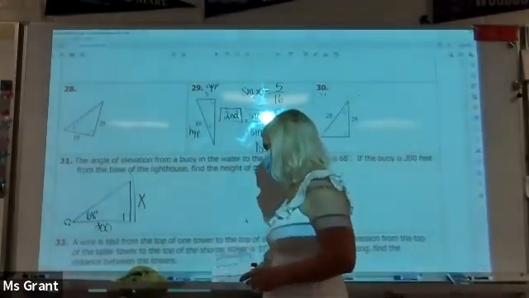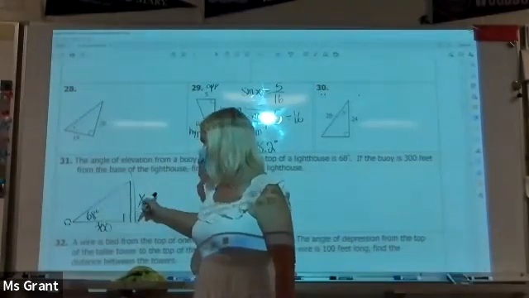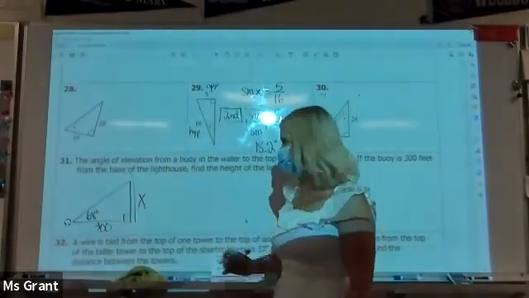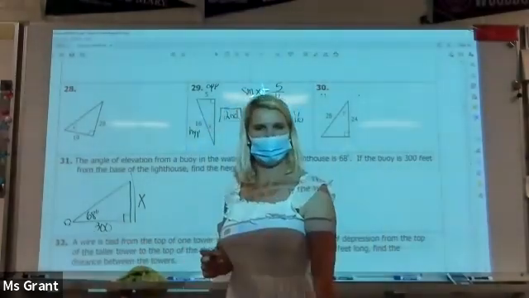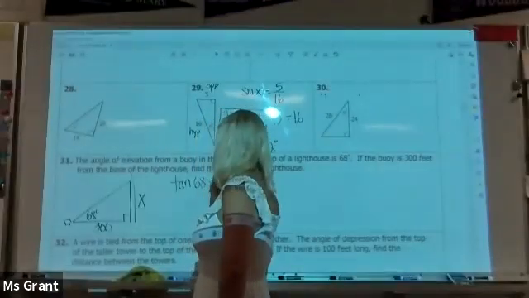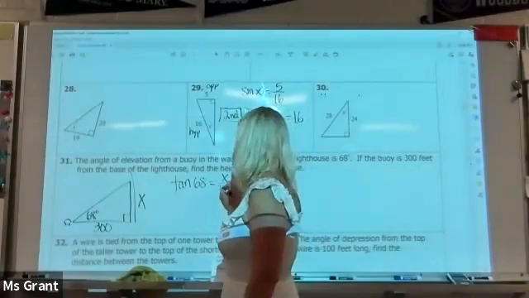Okay. I've got opposite and adjacent. I don't have the hypotenuse. What's opposite and adjacent? Tangent. Tangent 68 equals opposite over adjacent.